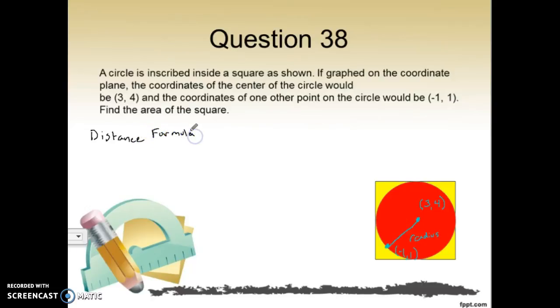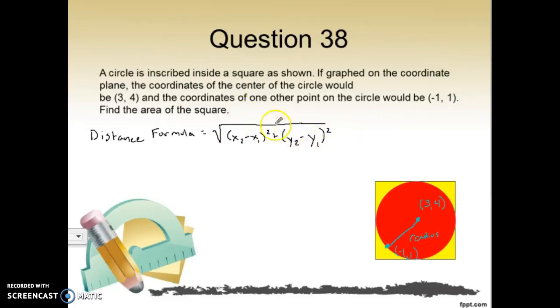The distance formula is the square root of (x2 minus x1) squared plus (y2 minus y1) squared. Basically all we're doing is finding how much change there is in x and how much change there is in y.